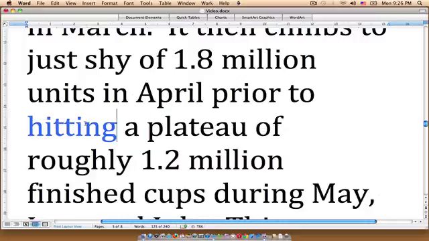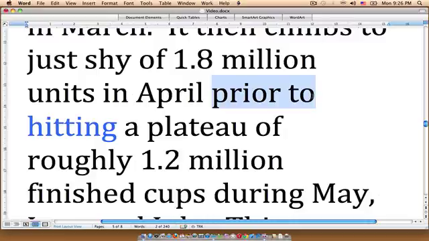So hitting. Now, hitting is an example of something called a gerund, which is a word that is formed from a verb. So here in this instance, hit is a verb, but we're changing this by adding ing and making a word that acts like a noun, which is a gerund. Now, the phrase prior to is a phrase that we often couple with gerunds.